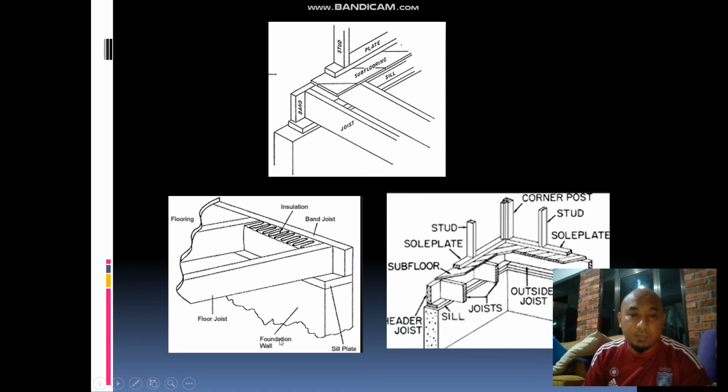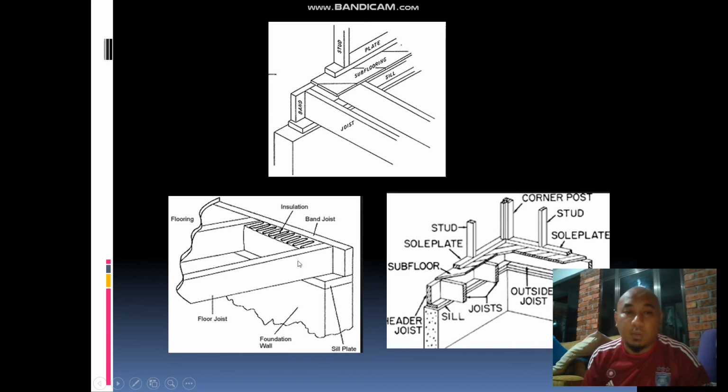So another construction for the timber flooring is they put the insulation behind the band joist, and then usually they have the floor joist, the foundation wall and the sill. The insulation is sometimes used to absorb the heat.